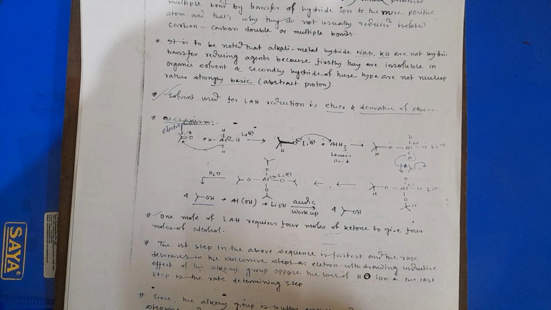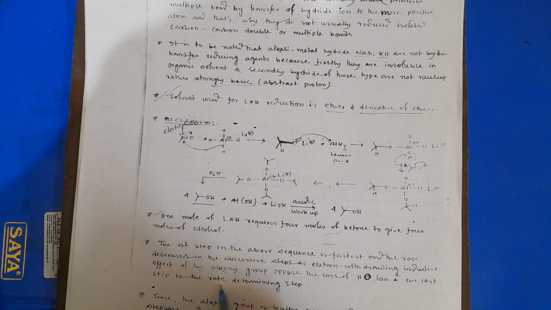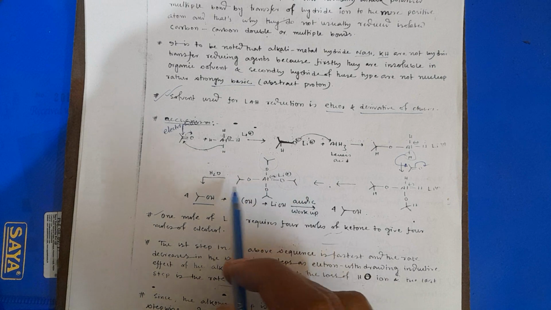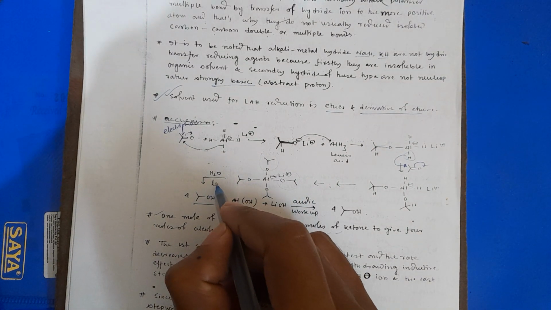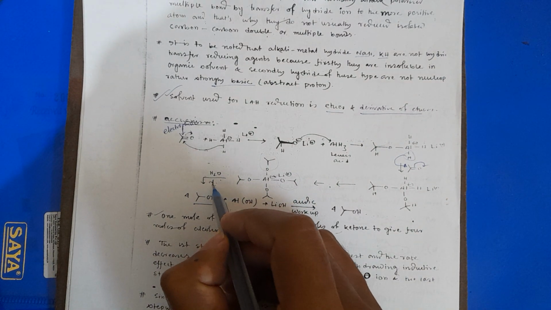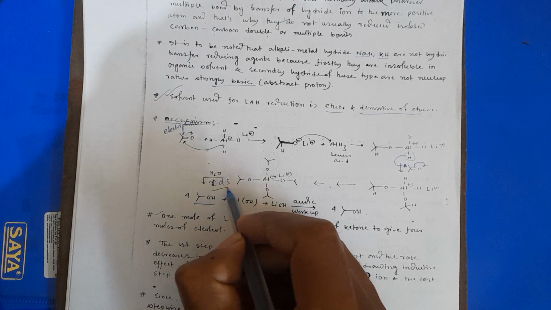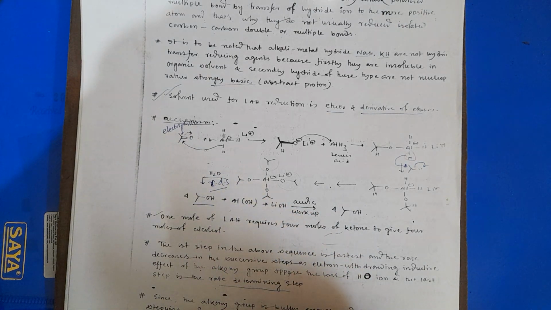Therefore the last step is the rate determining step, RDS step, or you can say the slowest step of this particular reaction. Okay.